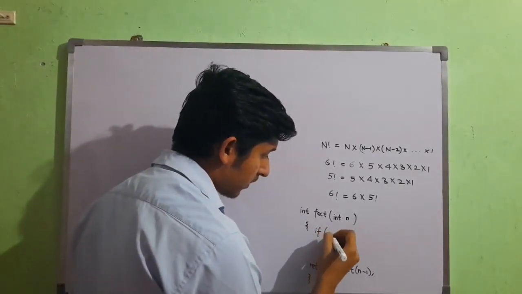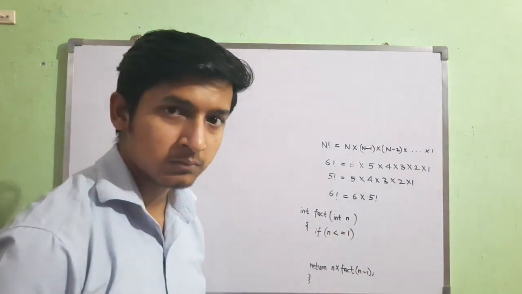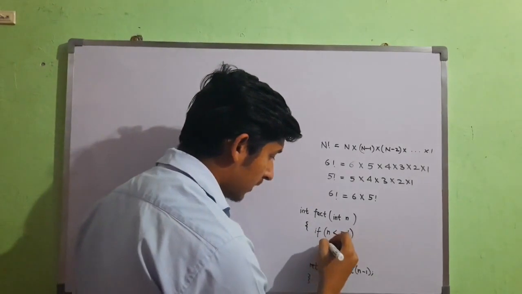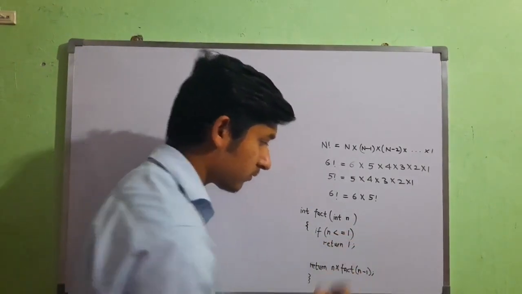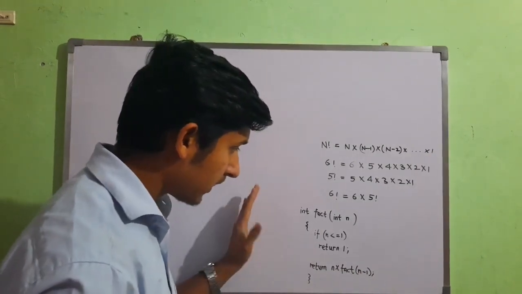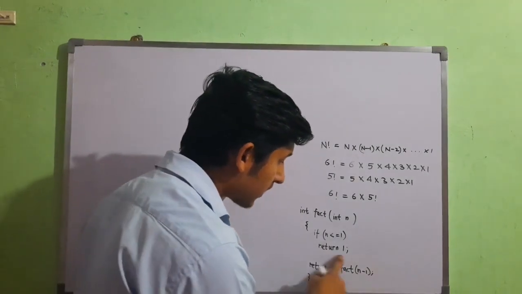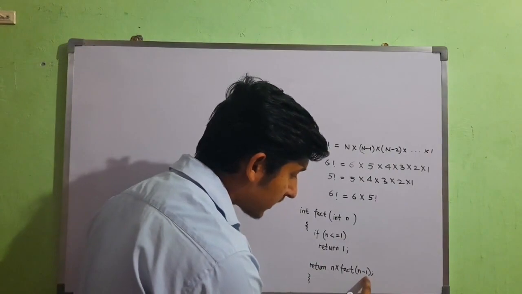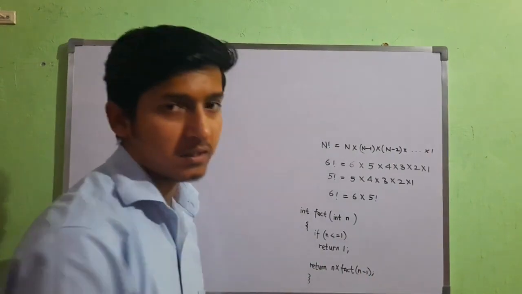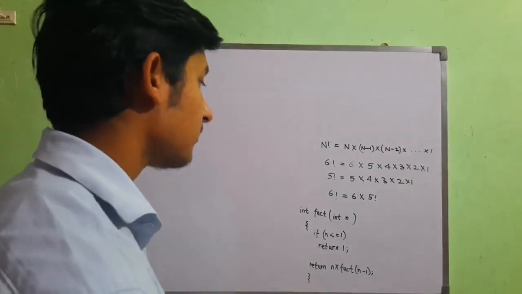If n is less than or equal to 1, then we will return 1. This function for calculating factorial uses recursion because it's calling itself and using that result to produce its ultimate result. This is the work of a recursive function. Now, 2 things I can notice through this.